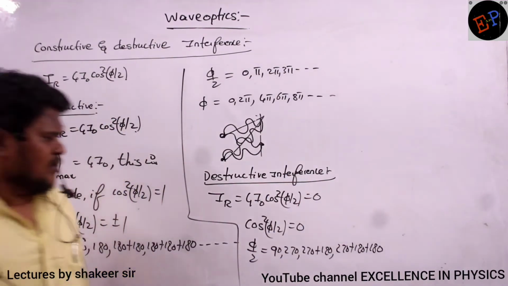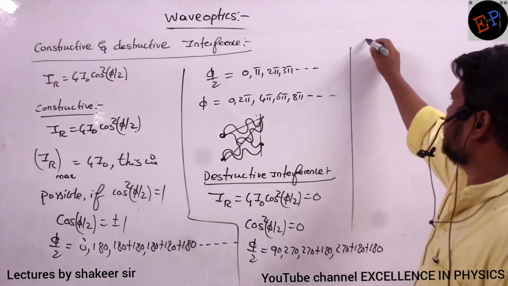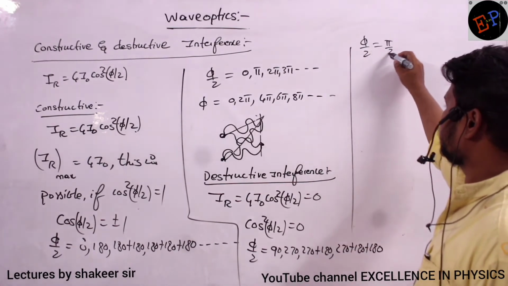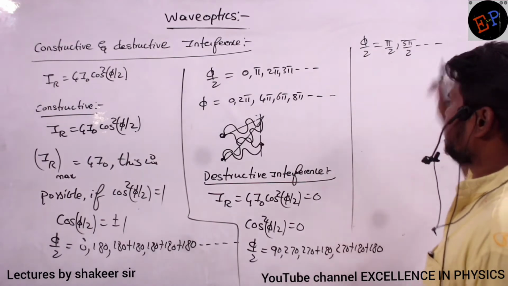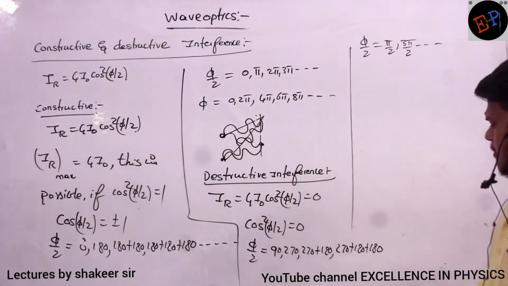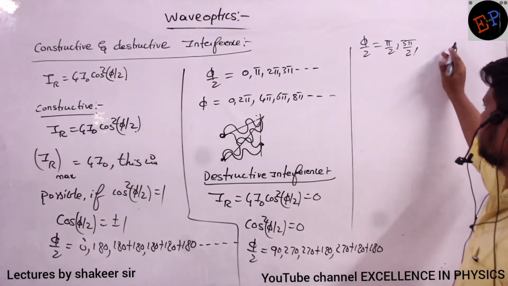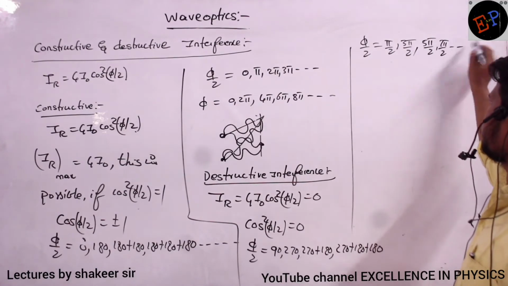If you write in terms of radians, pi by 2 is 90, 270 is 3 pi by 2, and it goes on. 270 plus 180 is 5 pi by 2, then 7 pi by 2, like this.